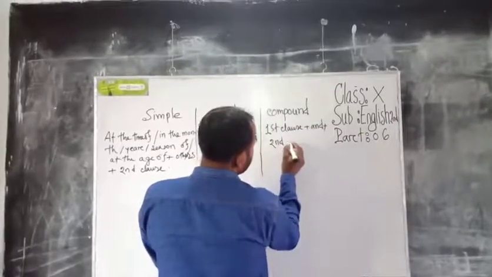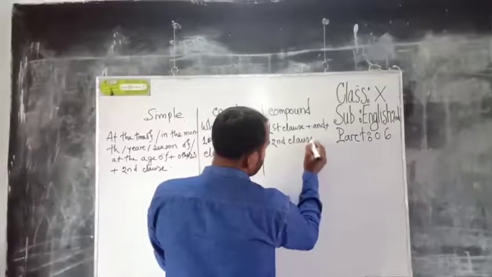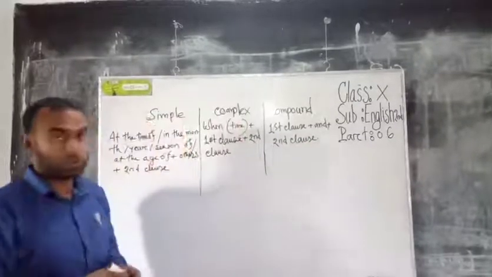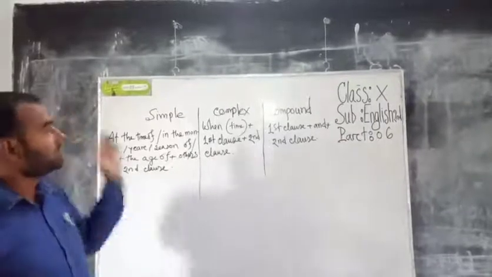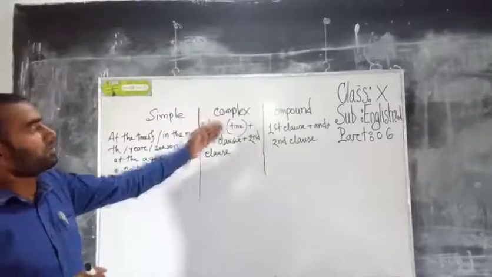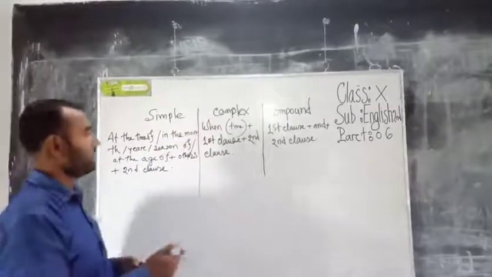Too easy a thing. Dear learners, these are the rules. Now, if I give an example of a complex sentence, it will be easy for you.